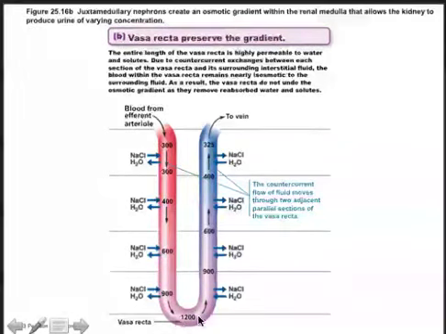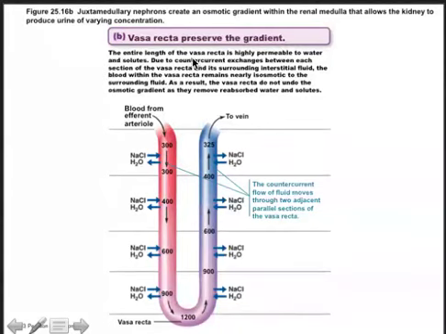So 1200 milliosmoles here, and then we begin to drop until we get all the way back up to what's eventually going to enter the interlobular veins, and we're around 300 milliosmoles once we're back into the cortex. Okay, so basically what's happening in the blood is that we're mimicking what's happening in the surrounding gradient that's again established primarily by those long loops of Henle.